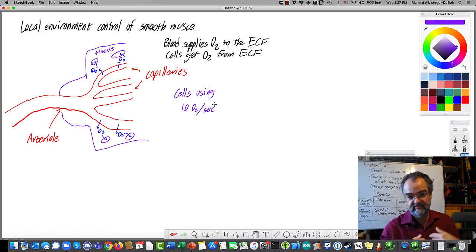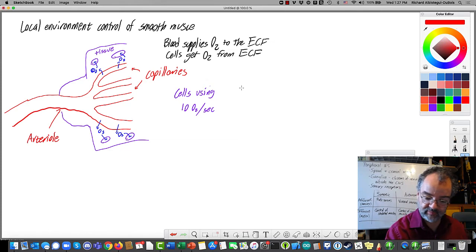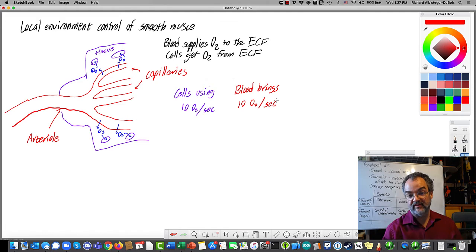They're using 10 amounts of oxygen per second. So how much do we want the blood to be bringing? Well, ideally, we want the blood to bring 10 units of oxygen per second. Okay, so if those are matched, then everything is good.